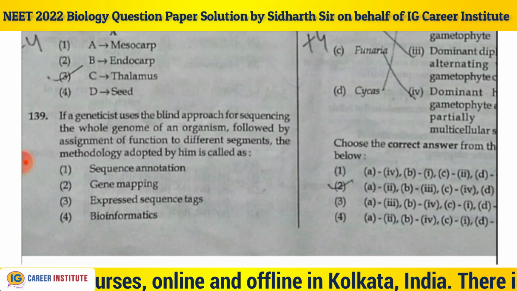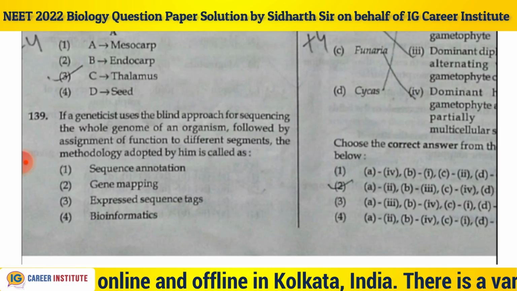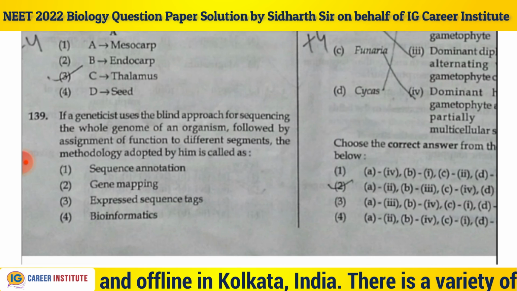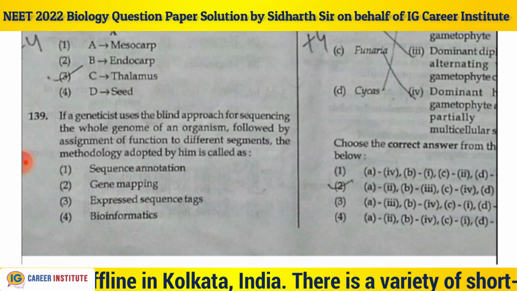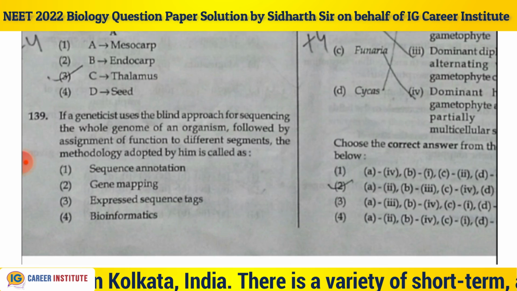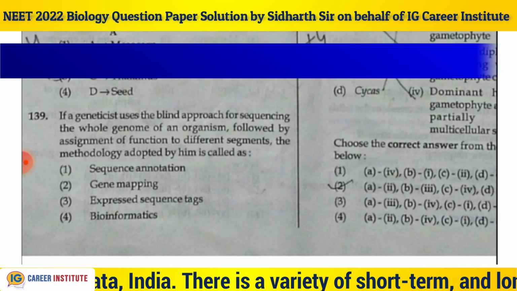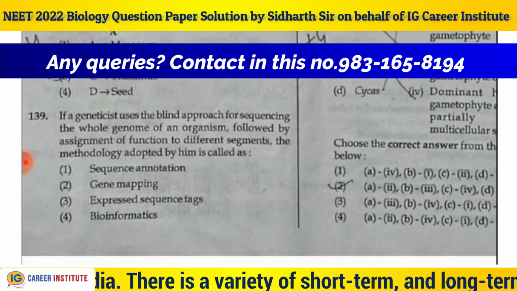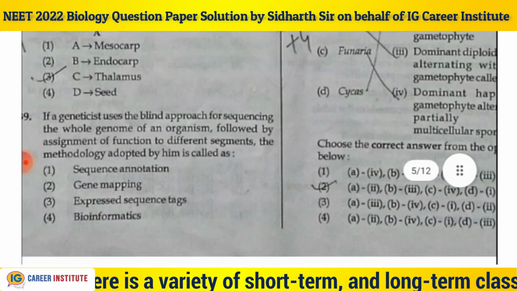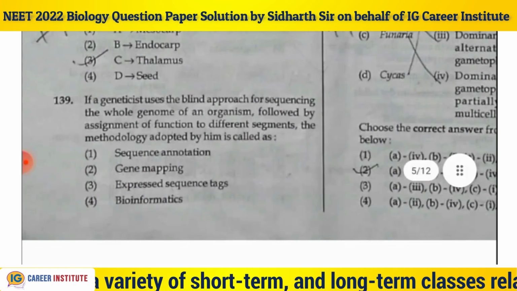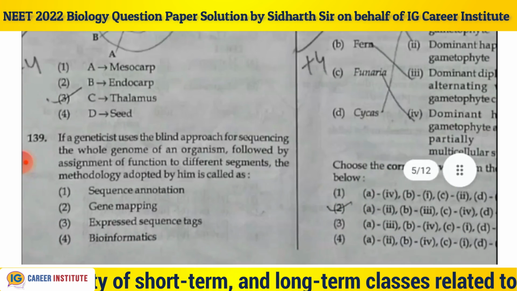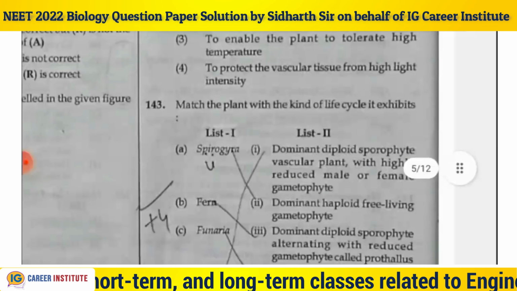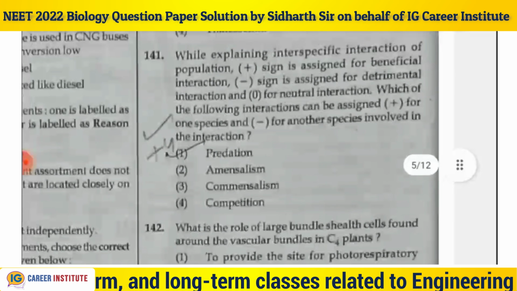I can even tell you the page where you can find it: molecular basis of inheritance chapter, human genome project. There, on the second page, expressed sequence tags and sequence annotation are both given side by side. The answer to question 139 should be sequence annotation. This is option 1.